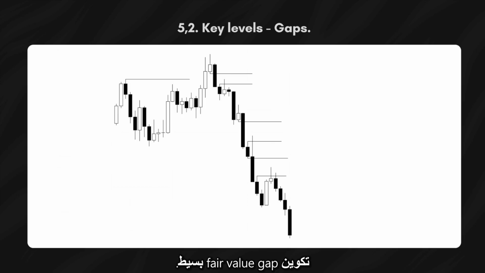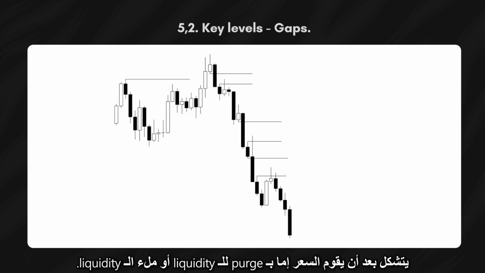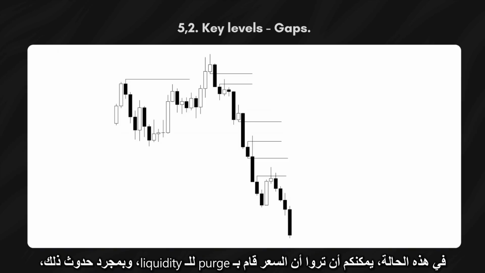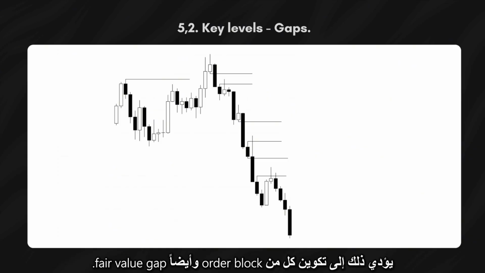Now the formation of a fair value gap is simple. It is formed after price either purchases liquidity or fills liquidity. In this case, you can see price has purged liquidity, and once that liquidity is purged, it then leads to the formation of both an order block and also a fair value gap.